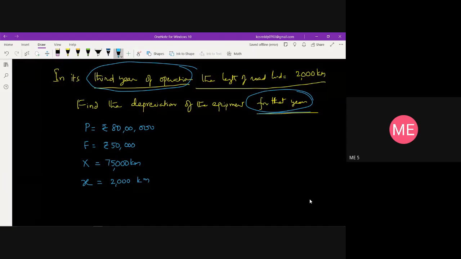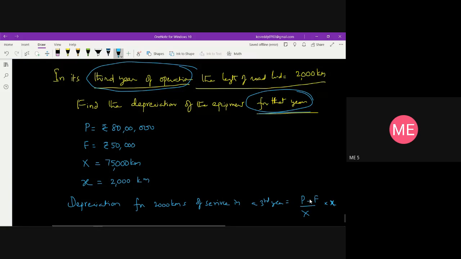If I want to calculate depreciation for 2000 kilometers of service in the third year, we have the equation (P minus F) by capital X into small x.